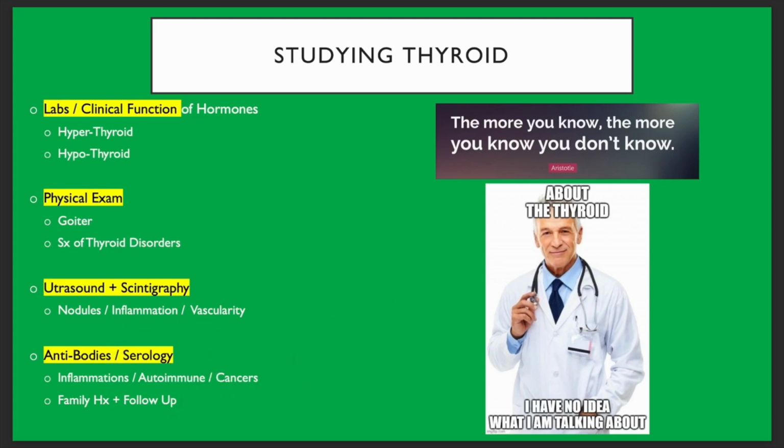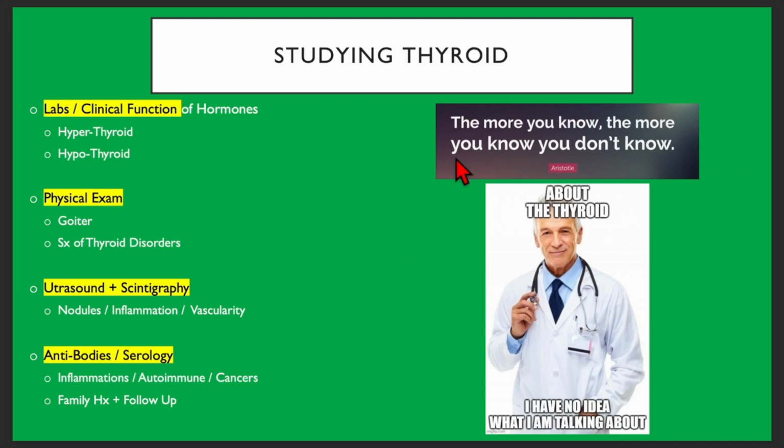So I had a discussion about the thyroid with my endocrinology doctor, and he told me that he's doing his specialty on thyroid. And I was making fun of him because what can you say about thyroid? It's just hyperthyroid, hypothyroid, that's it. How can you be a specialist on thyroid? And then I started studying thyroid and I saw how complicated it can become.